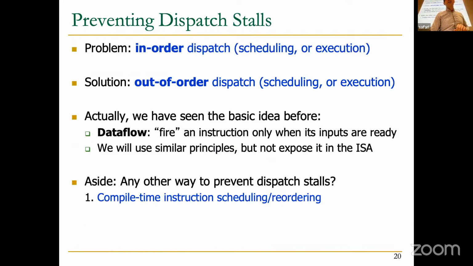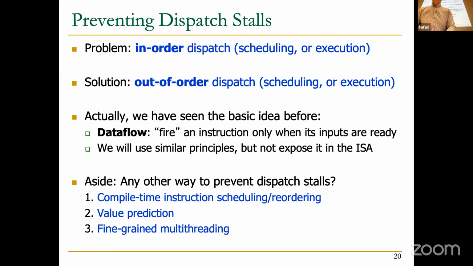But we've seen one idea that really works very well. Anybody? Your last chance. Really works very well under specific circumstances. Fine-grained multithreading. Basically, if you do fine-grained multithreading, there's no problem. There's no dispatch stall. If you have enough threads, all of the instructions are independent.